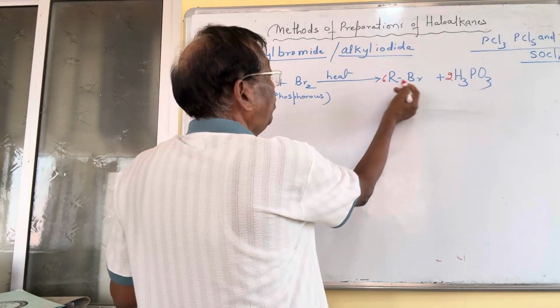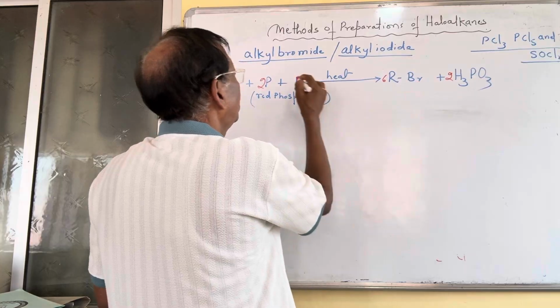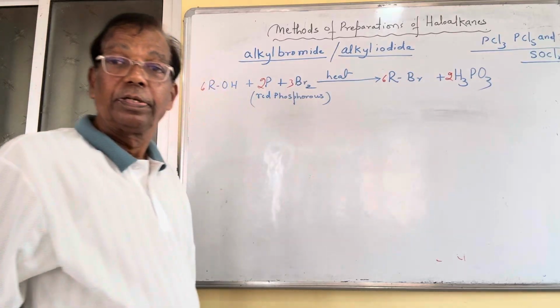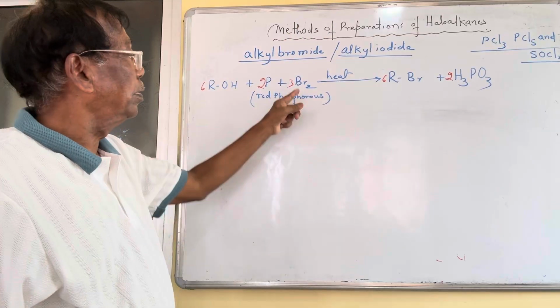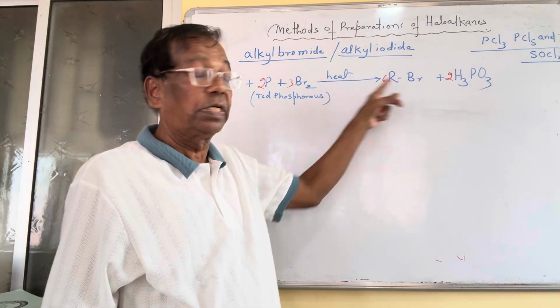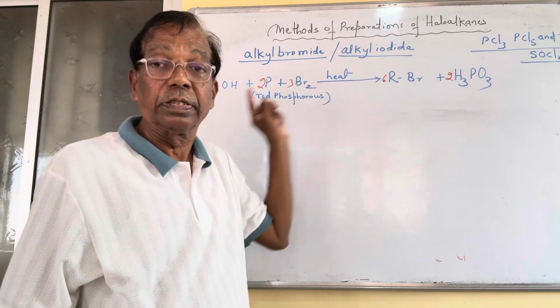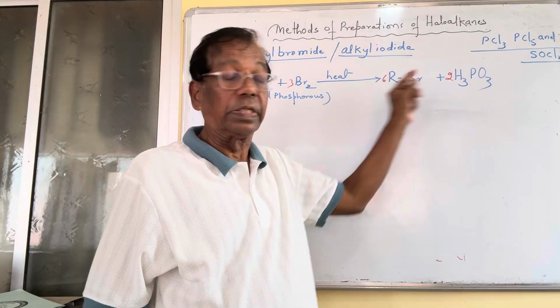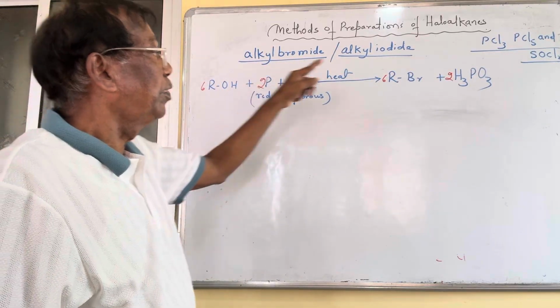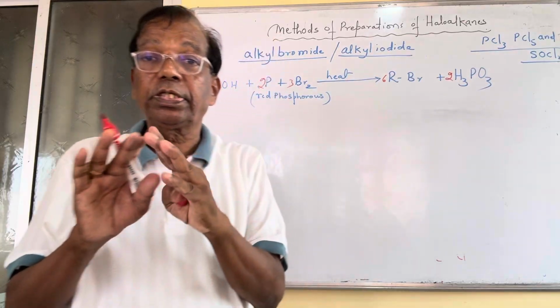Here Br becomes 6. So therefore this should be 3. So now see full equation whether it is balanced or not. 3 to the 6, this is 6. R is 6, R is 6. And hydrogen 6, hydrogen 6, 3 to the 6. Phosphorus 2, phosphorus 2. So equation is balanced.